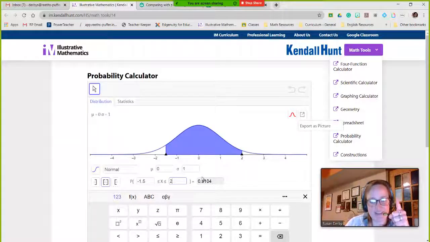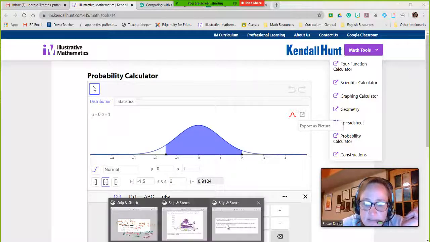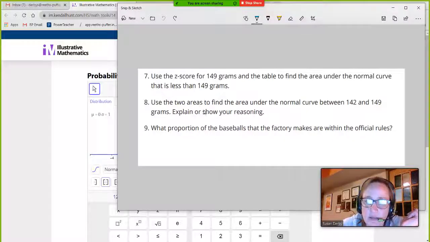Now that's a really key idea. So you could use your z-scores here with a normal distribution with a mean of 0 and a standard deviation of 1. Tells us how many standard deviations we're looking at. So the end of this lesson asks us some things like finding those areas and finding the difference, right?